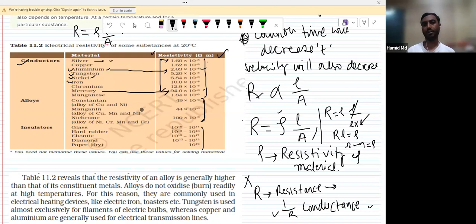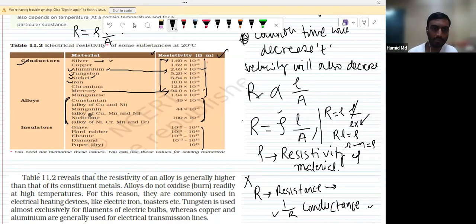Resistivity and conductivity, keep in mind, are two different terms. Remember all these alloy names. You may be asked frequently in exams that nichrome is made up of nickel, chromium, magnesium, and iron.